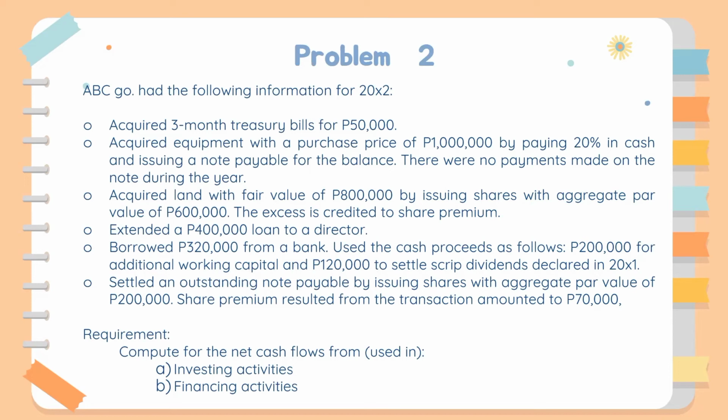So next, settled an outstanding note payable by issuing shares with aggregate par value of 200,000. Share premium resulted from transaction amounted to 70,000 pesos. So yung settlement of note payable through issuance of shares is a non-cash transaction. Therefore, excluded din siya. So ito yung computation natin.